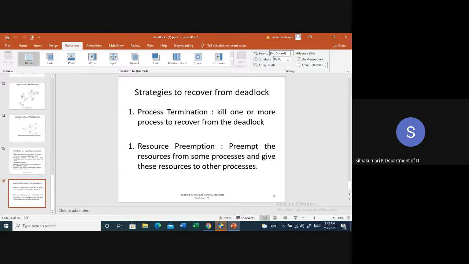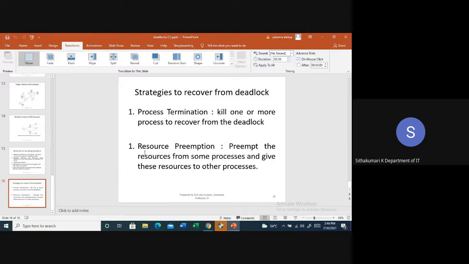The first option is to kill one or more processes to recover. By killing the process it gets terminated, and its resources can be utilized by some other process, which can continue its execution.